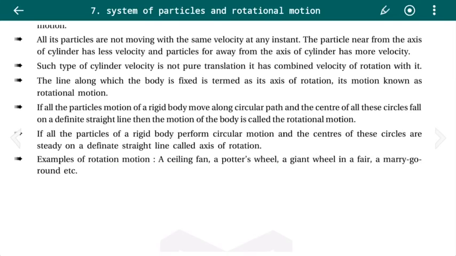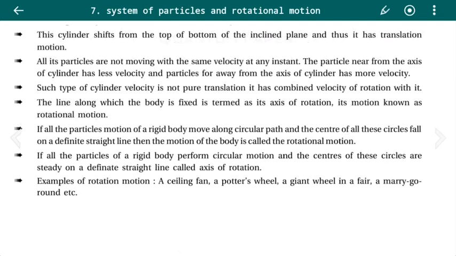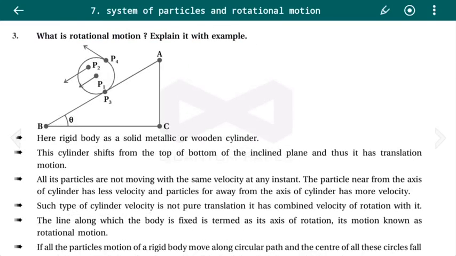Examples of rotational motion are a ceiling fan, a potter's wheel, a giant wheel in a fair, and a merry-go-round. So this is the difference between translational motion and rotational motion. In translational motion, all the particles of the object will be having the same velocity at any instant of time, and in rotational motion all the particles of the body will be having different velocity at any instant of time.